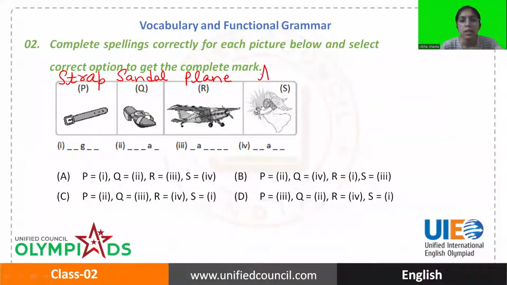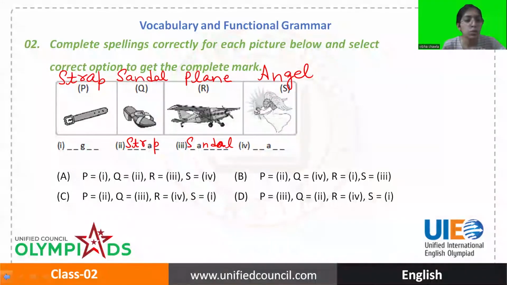And S is an angel. So, now let's fill the spellings. Okay, complete the spellings. Strap can be filled here. S-T-R-A-P. Sandal, I can fill in this one. Sandal. S-A-N-D-A-L.